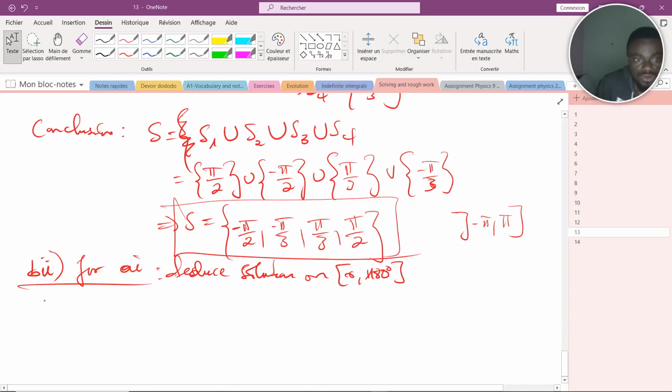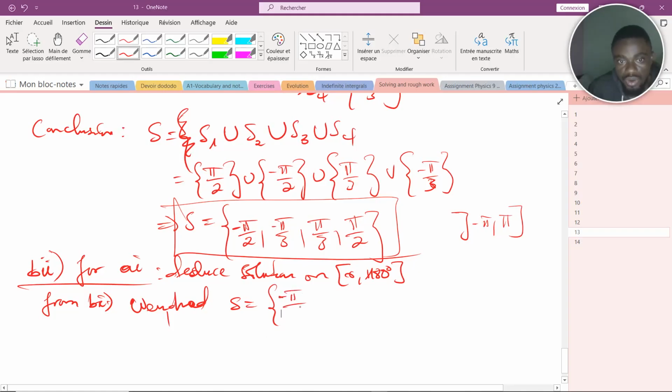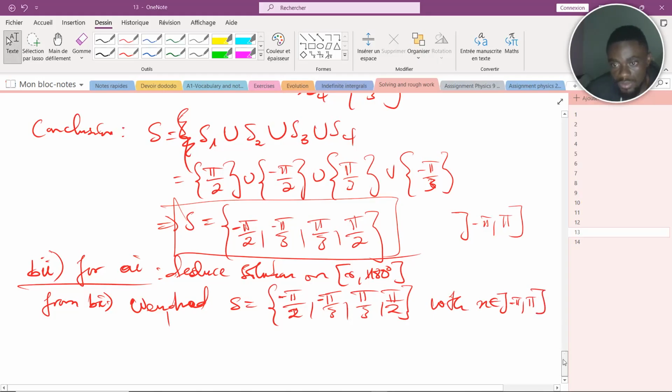We know that from B sub 1 we had S being equal to minus pi on 2, minus pi on 3, pi on 3, pi on 2, with x belonging to what? Minus pi to pi. Is that okay?